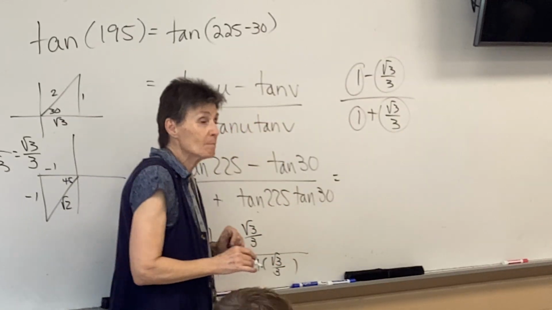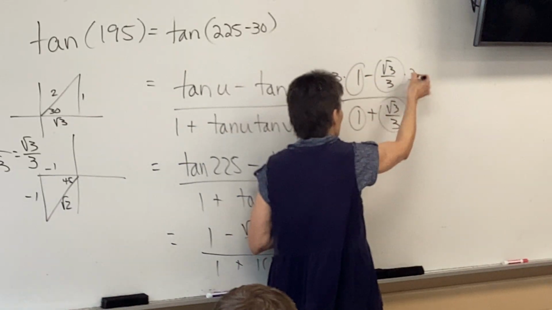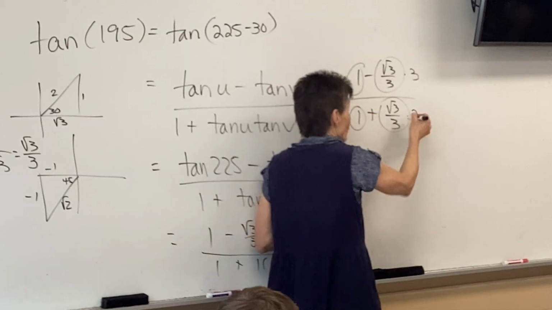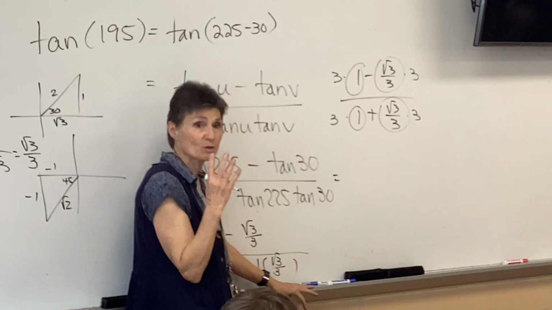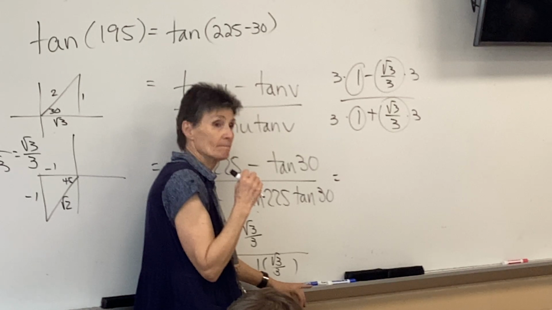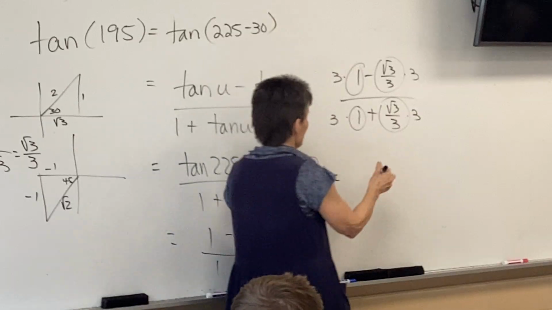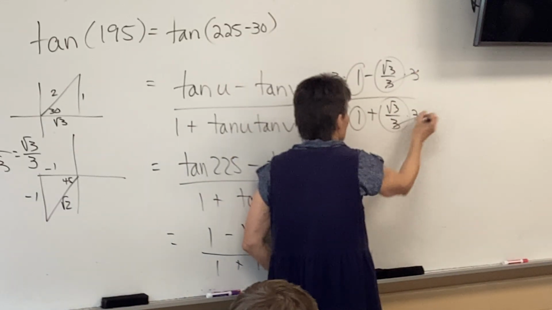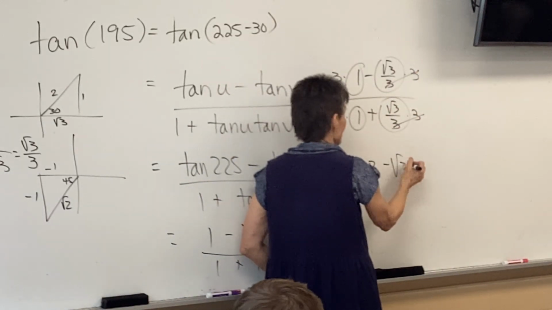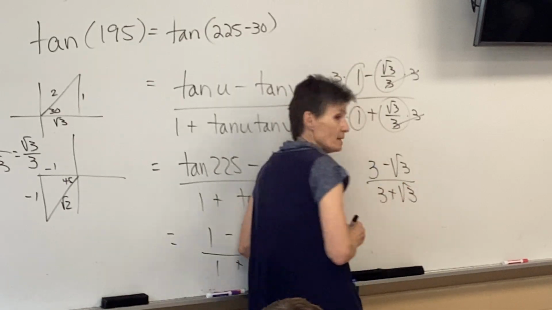Multiply everything by 3. So all 4 components times 3. So what are we left with? 3 minus root 3 over 3, and yeah, those 3s are going to cancel. So 3 minus root 3 over 3 plus root 3.